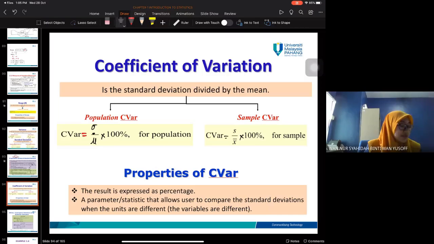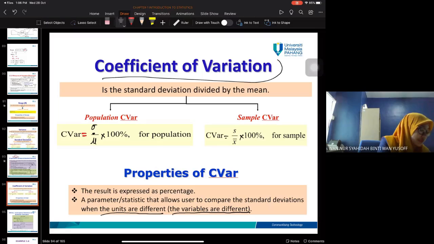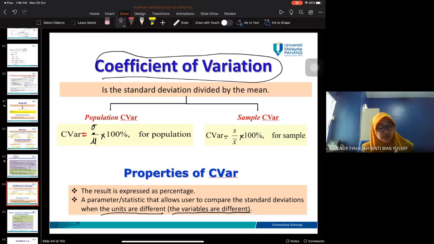So coefficient of variation is used to compare when the units are different, meaning that we have different variables. When we try to compare variability of different variables, then we go to the coefficient of variation. So we cannot use range, we cannot use standard deviation, and we cannot use the variance.